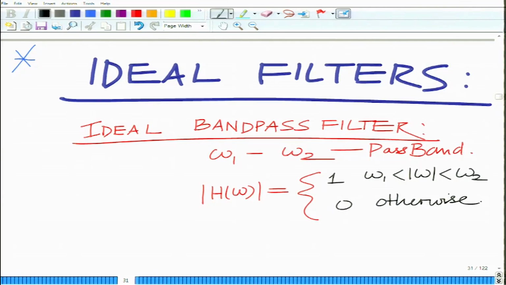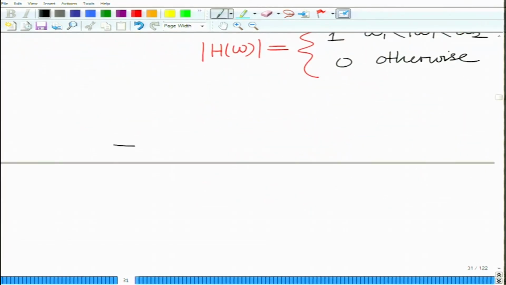Okay. So, it allows only frequency components which lie within this band, either omega 1 to omega 2 or minus omega 2 to minus omega 1, to pass through.